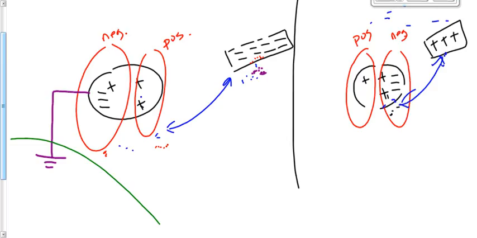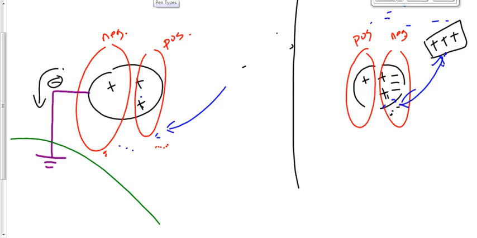Now what happens? Now these electrons that were pushed to the left side of this object now keep getting pushed into the ground. Now what charge do you have on this neutral object? Now it's positive, right? Because you've lost the electrons. But as soon as I take this away, it's still going to go back to the way it was, right?